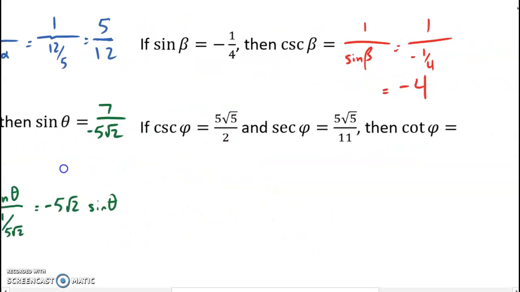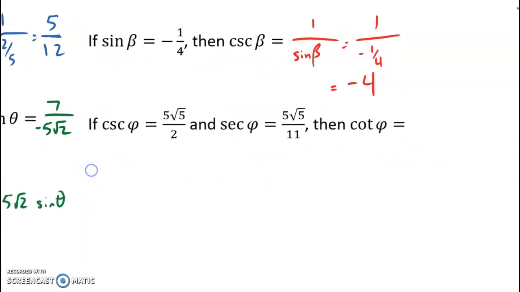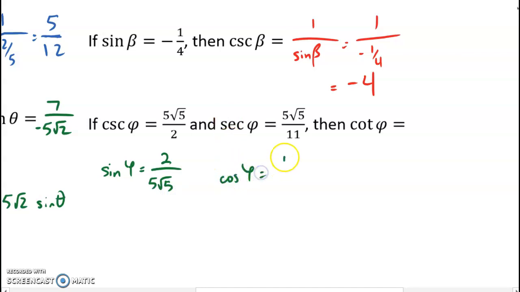We're going to try a similar problem over here. Let's see, we know that the cosecant of phi, this is the Greek letter phi, is going to be the reciprocal of the sine of phi. So we know that the sine of phi is 2 over 5 root 5, and we know that the cosine of phi is 11 over 5 root 5.